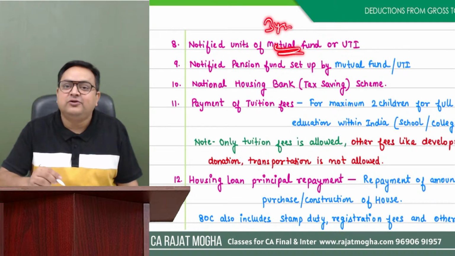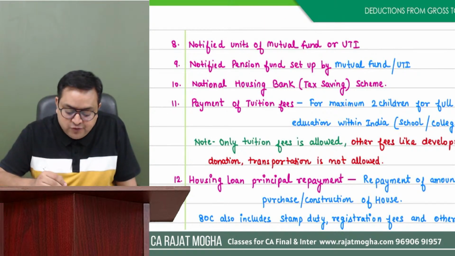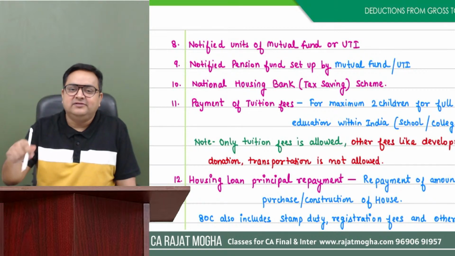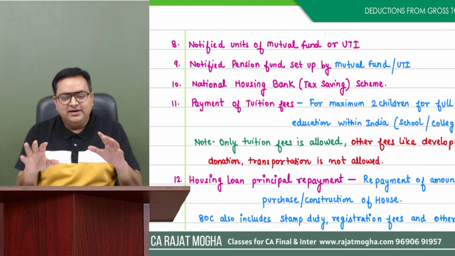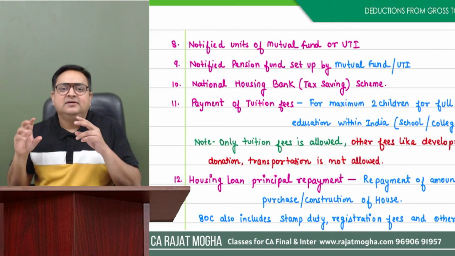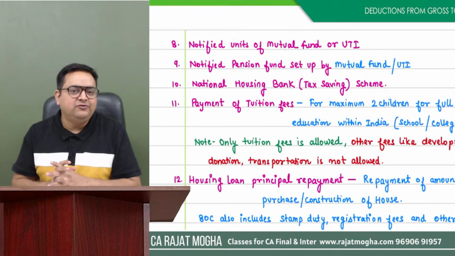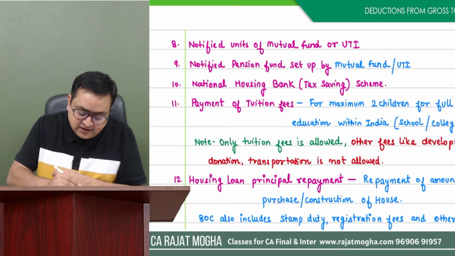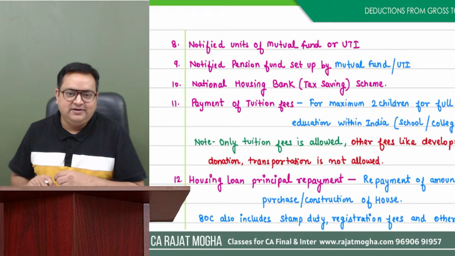So if you are investing in such mutual funds, not any mutual fund, it is only for tax saving schemes, tax saving mutual funds. So here I have already mentioned notified mutual funds.